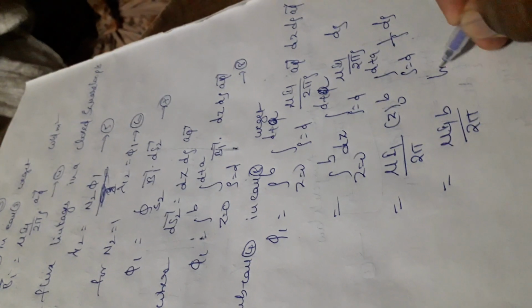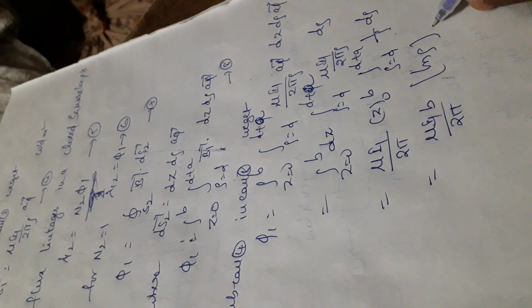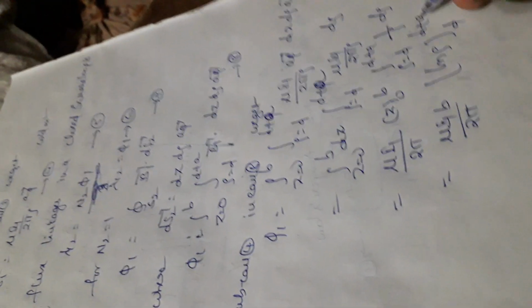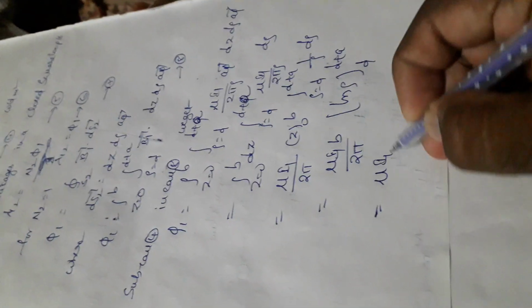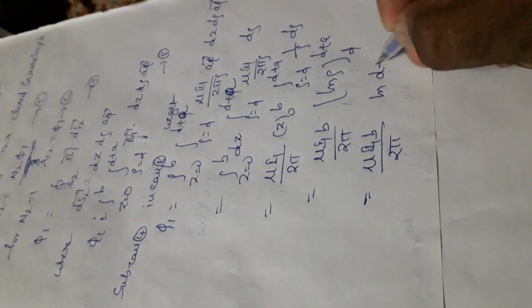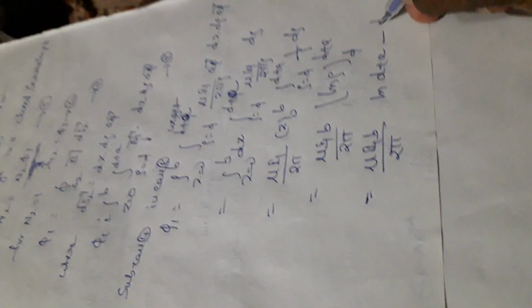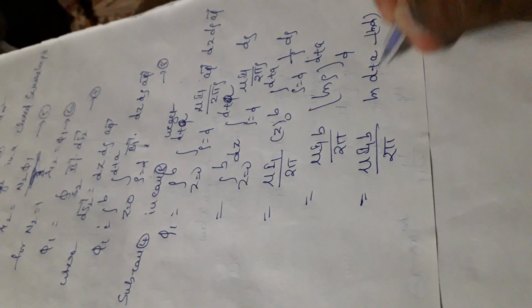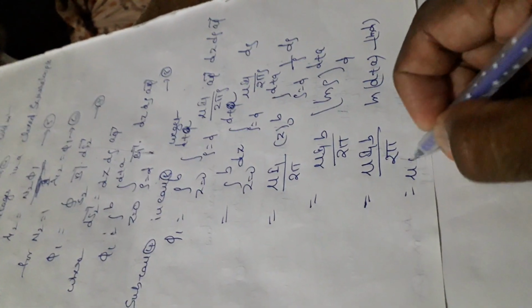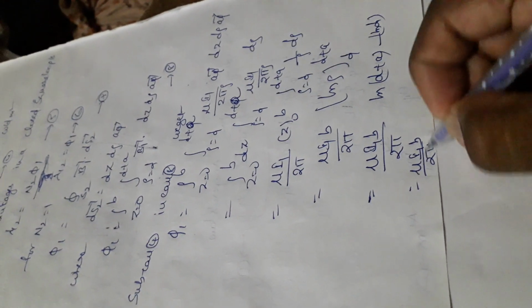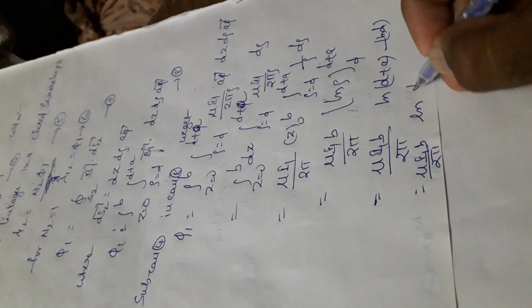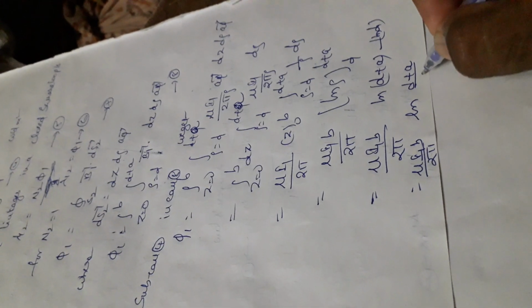The integral of 1 by rho is natural logarithm of rho, from d to d plus a. So then mu into I1 into b by 2 pi, natural logarithm of d plus a minus natural logarithm of d. So then mu into I1 into b by 2 pi natural logarithm of d plus a by d.